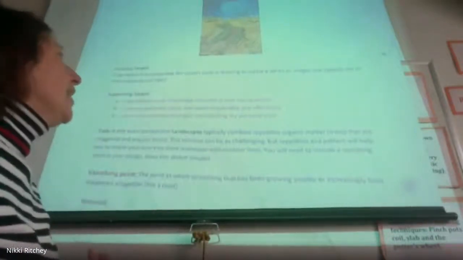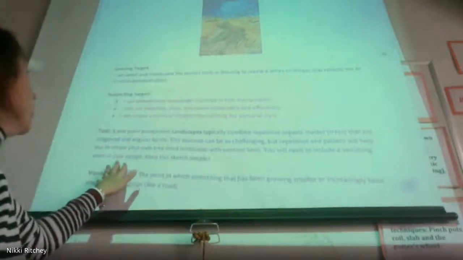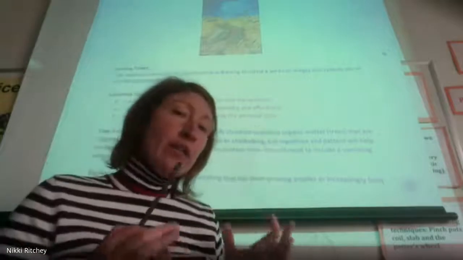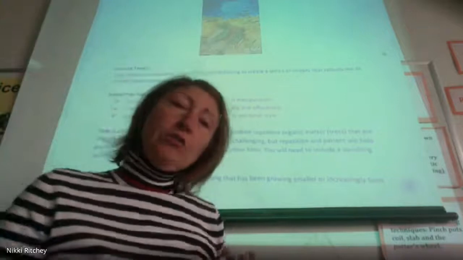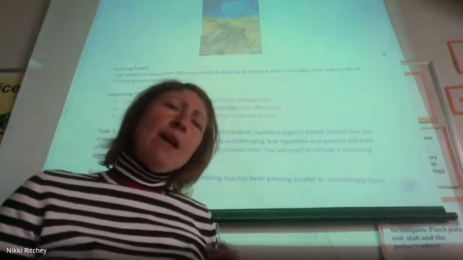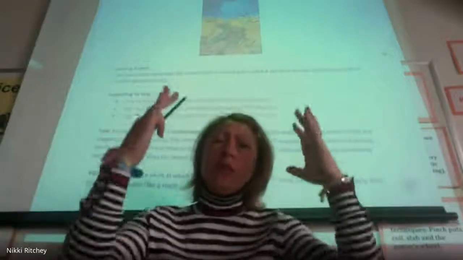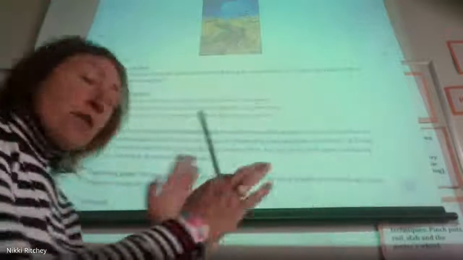So this exercise can be challenging, but repetition and pattern will help you to create that vanishing point in your design. Okay? So think about how you're going to use your contour lines and think about objects in the foreground and the background as they start to recede. And you can create a pattern to make those objects get smaller as they go farther back.